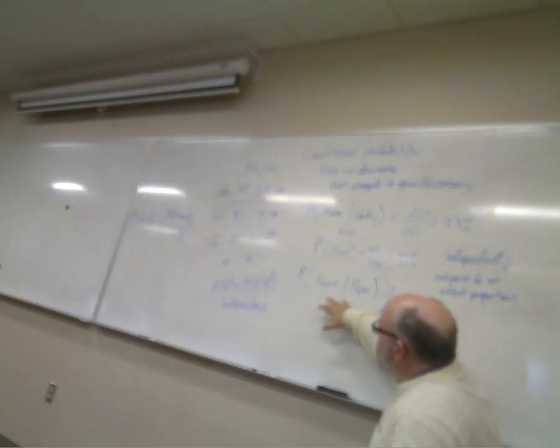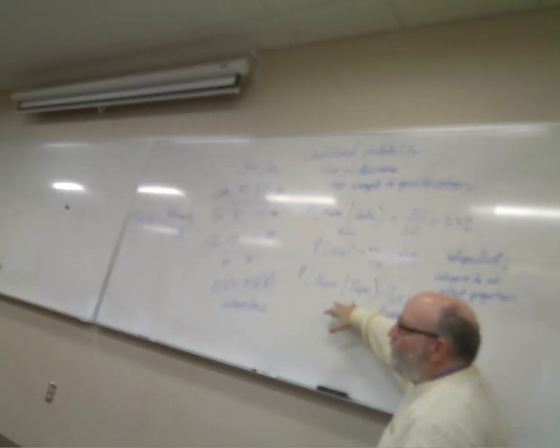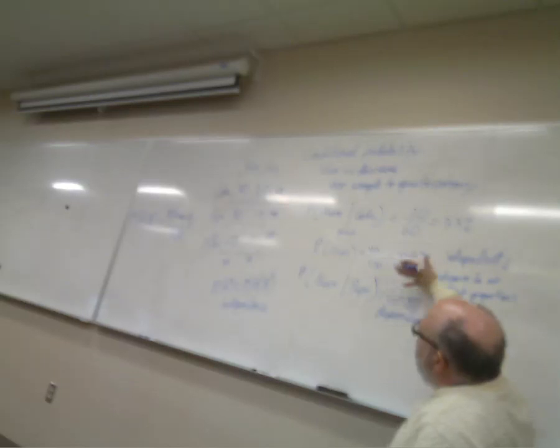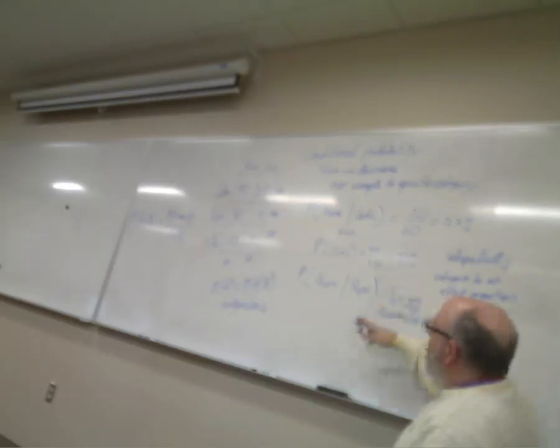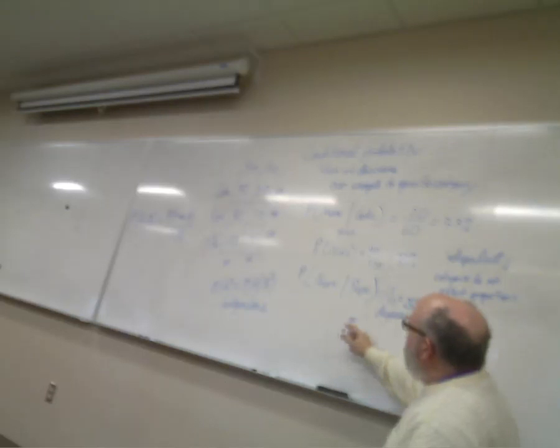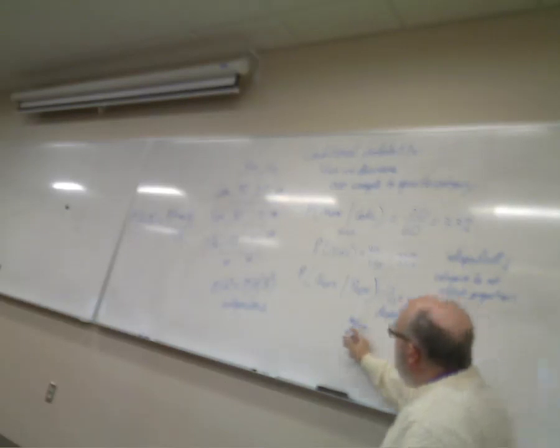Notice how this worked. When I said, what's the probability of nursing given Pepsi? I had the nursing and Pepsi divided by the Pepsi. So I could have said this was 10 over 120 over 40 over 120.